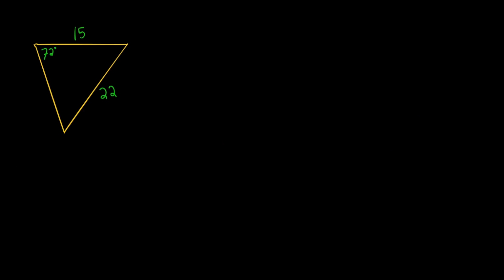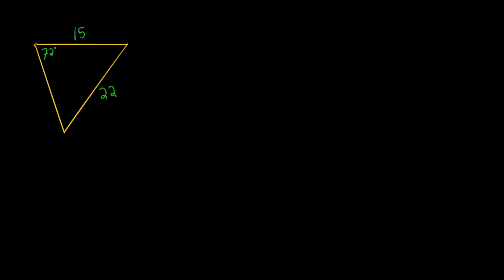Okay, so this example is pretty similar to the last two, in that I want you to go ahead and solve for everything. So pause the video and come back here when you're ready. Okay, so in terms of how we want to name this triangle, it doesn't really make a difference. I didn't specify any convention.